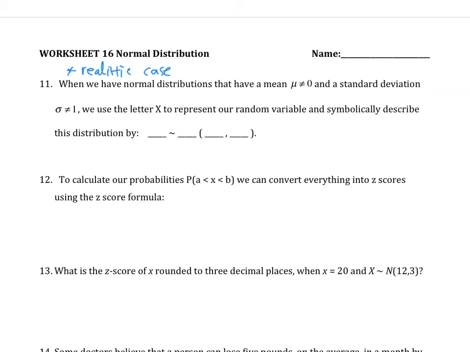So number 11, if the mean is not equal to 0 and standard deviation not equal to 1, we can still use it. We'll do normal CDF and then just mu and sigma. Instead of 0 and 1, we'll take whatever mean and whatever standard deviation is given to us. So in that case, if you have to calculate the probability between A and B, we can convert all the scores into z-scores.